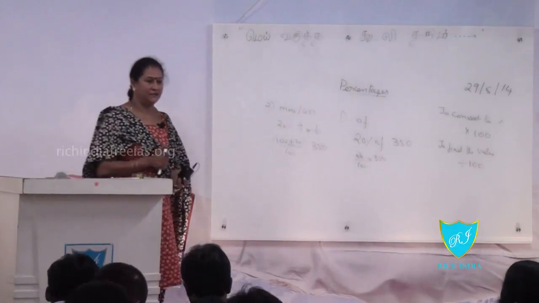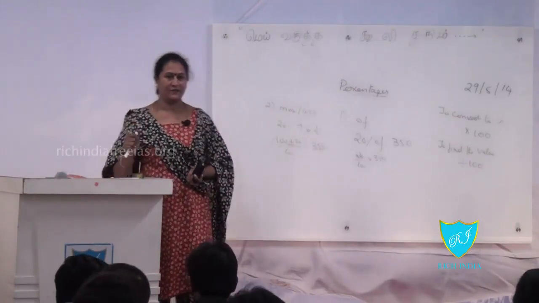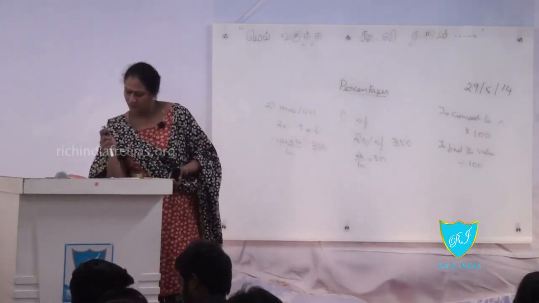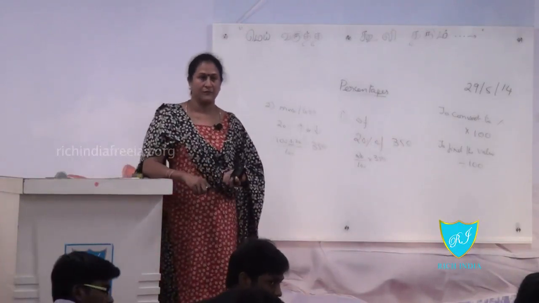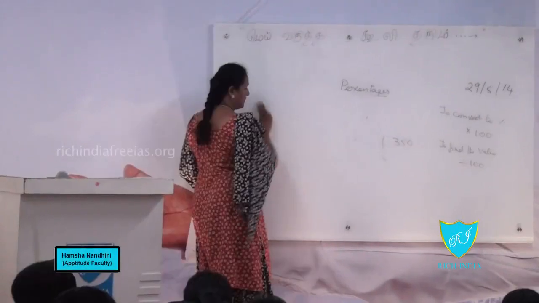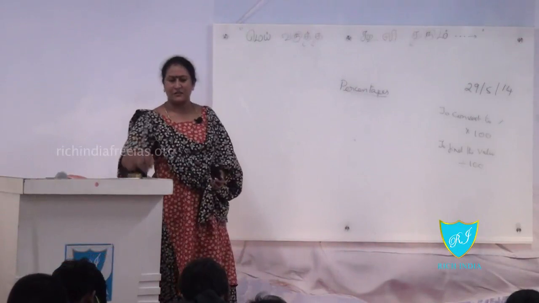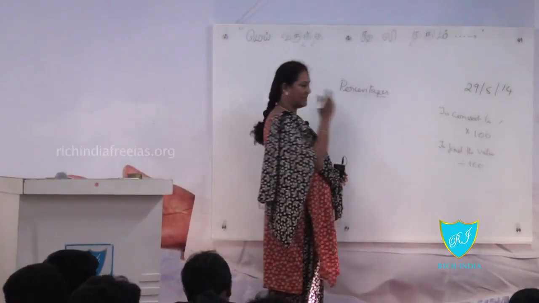And try the third question. So it is 39%. Third question: A salary is 30% of B salary.